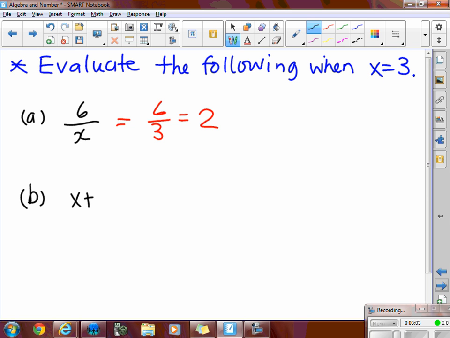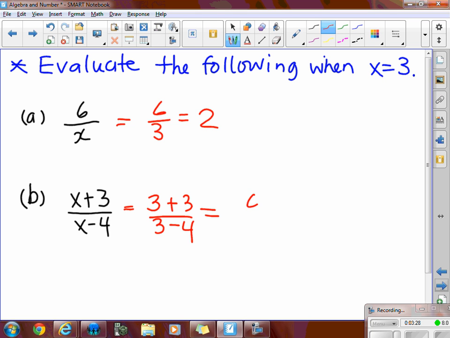So let's look at a different one. B, x plus 3 over x minus 4. Lachlan's suggesting that there might be a curveball somewhere. Would we ever do that to you? Always. If I needed to evaluate this when x equals 3, it's just put a 3 in for x, put a 3 in for x.